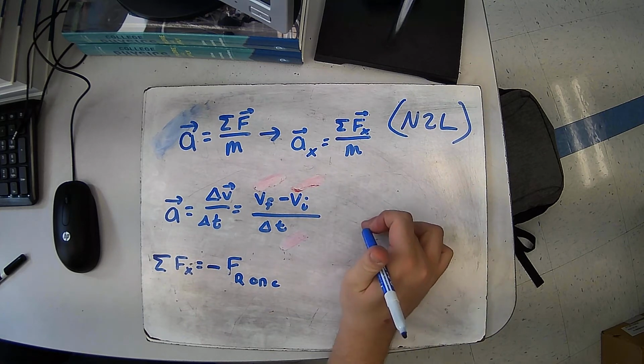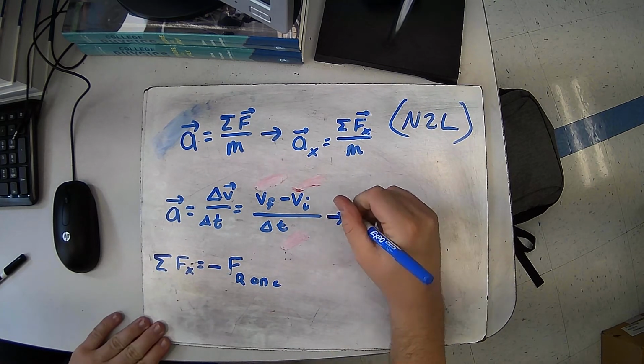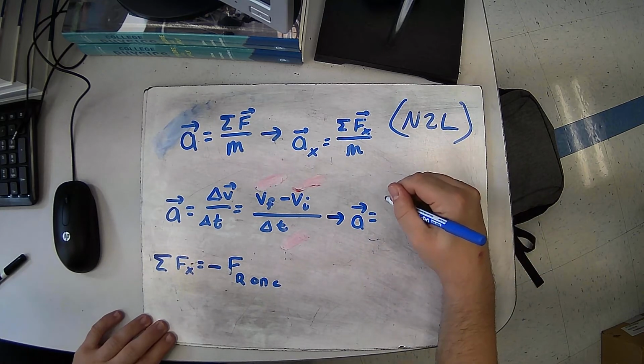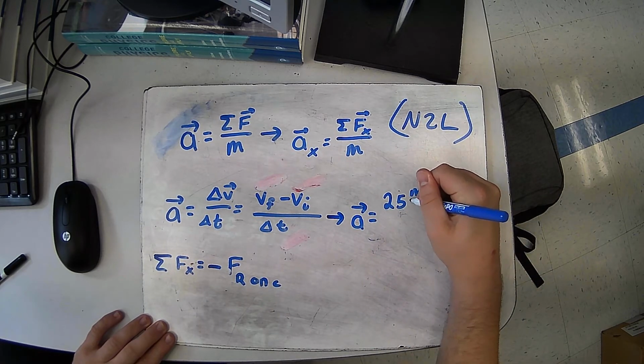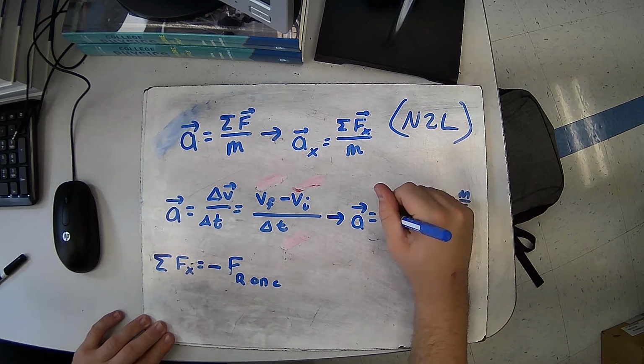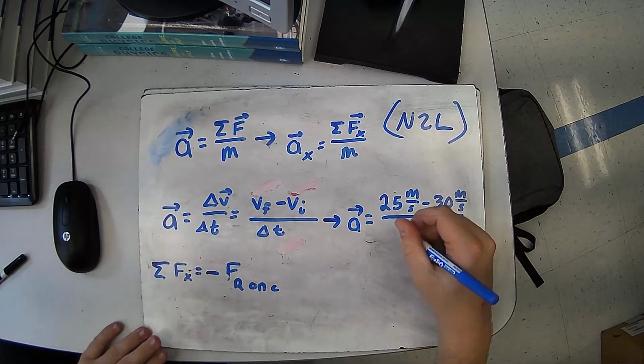Which one of these do I want to do first? Well, this is the one where I know everything, so let's go here. The acceleration must be equal to final minus initial, which was 25 meters per second minus 30 meters per second, over my time interval, which I believe was 2.6 seconds.